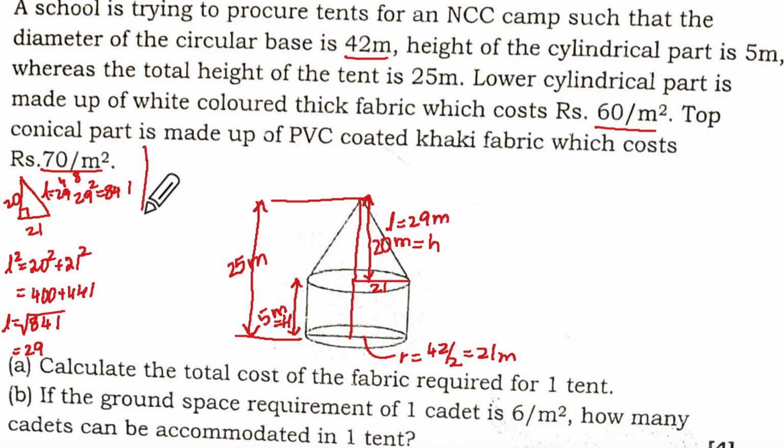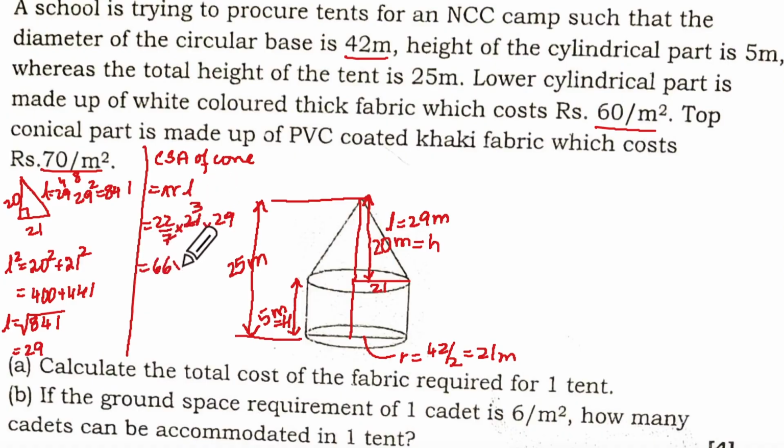Okay, so we have finished with that. We will have to find CSA of cone is equal to pi RL, which will be 22 upon 7 into radius is 21 into 29. This goes 3 times, so 66 into 29. Then you will show 29 multiplied by 66.